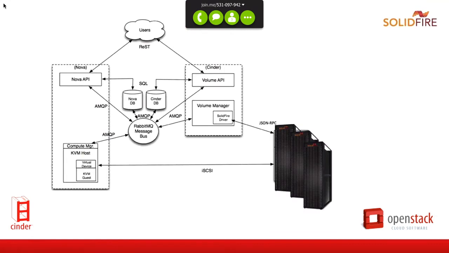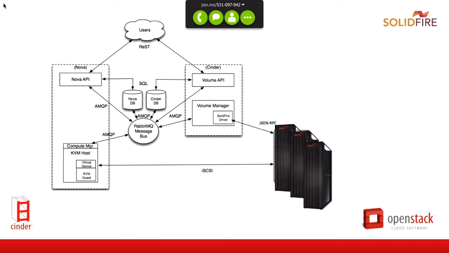So what does this look like in practice? Well, what this looks like in practice is, on the right-hand side there, you have some SolidFire storage, and this takes another one of those diagrams from before and shows you how, through the SolidFire volume service, that driver will go out and make calls to our storage and carve up volumes, if you will.